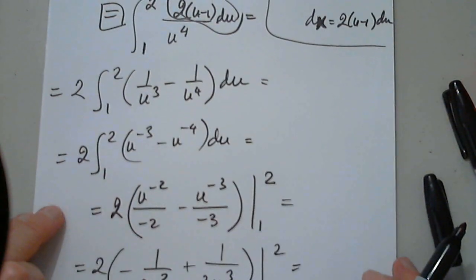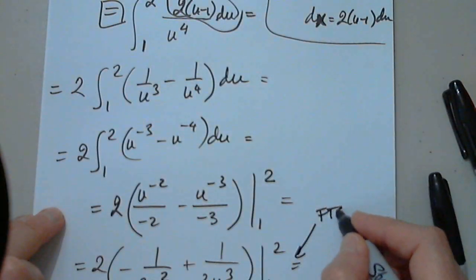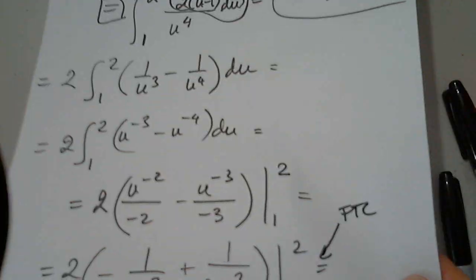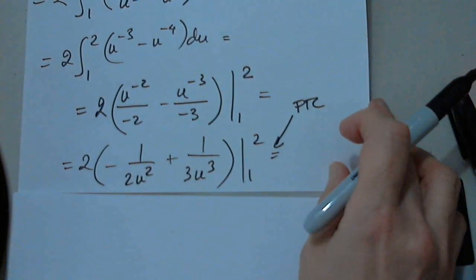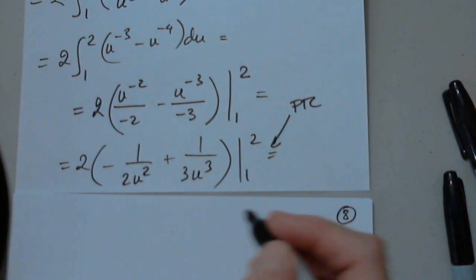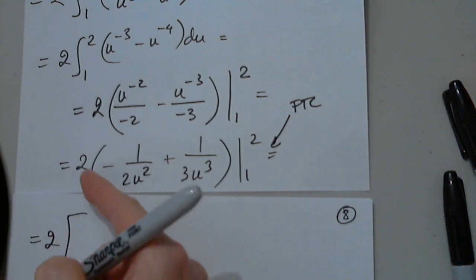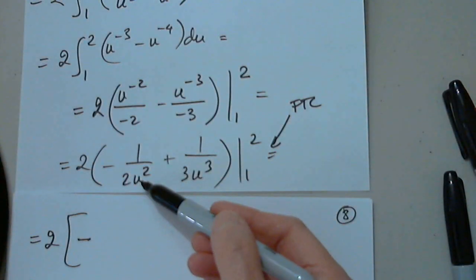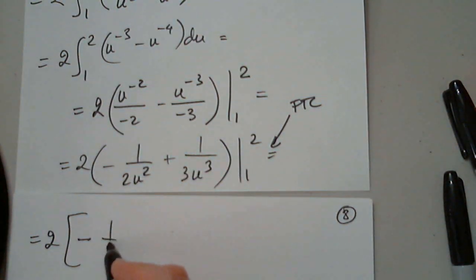Now I have to apply FTC. At this moment, FTC: I plug in 2 everywhere, and then I subtract when I plug in 1. Leave the 2 outside, do not distribute it till the very end, or just leave it alone for good. So 2 to the 4, 2 squared is 4, 4 times 2 is 8.